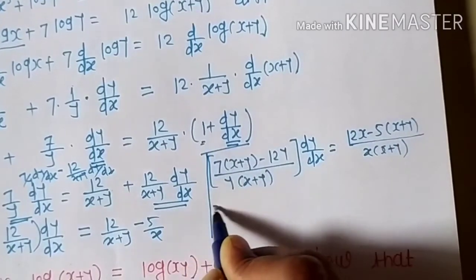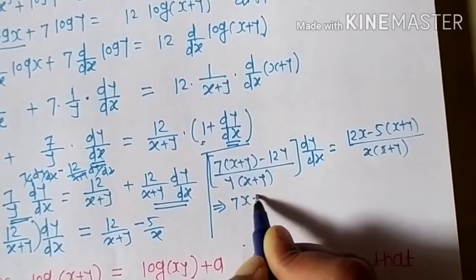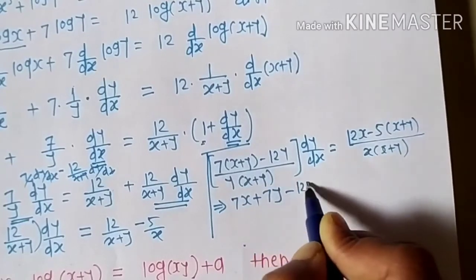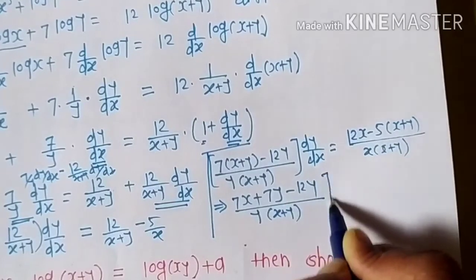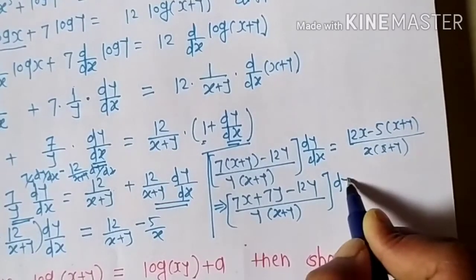Okay, then this has 7x plus 7y minus 12y divided by y into x plus y, and the whole term there is dy by dx.